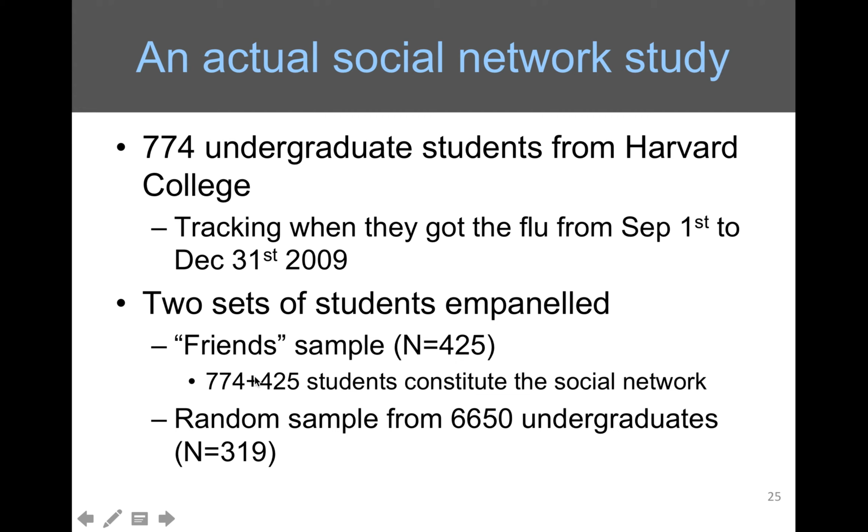And so essentially, the full social network is these 774 original people plus these 425 extra people, which together constitute the social network. And then they also took a random sample from the larger Harvard undergraduate student population, about 300 people.